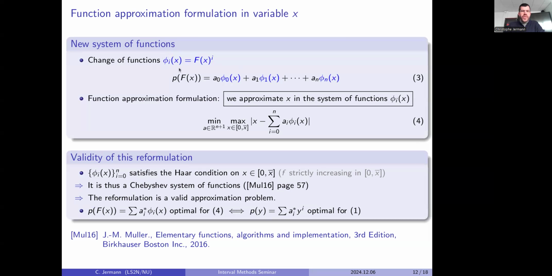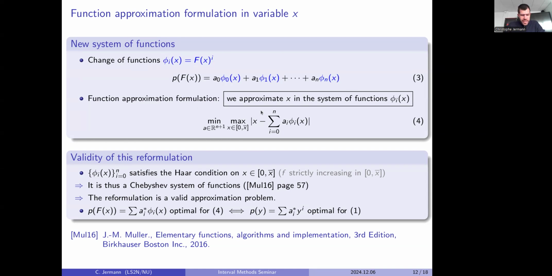Here we consider the family of functions phi_i, which is just the powers of our capital F function. The polynomial approximation P of f(x) has these a coefficients in it and uses this family of functions. So this is again a function approximation formulation.